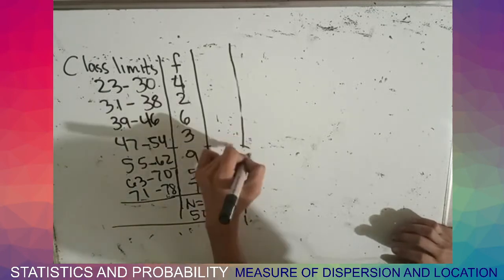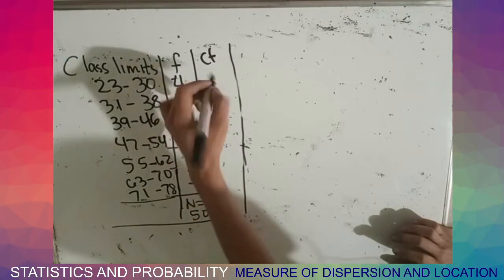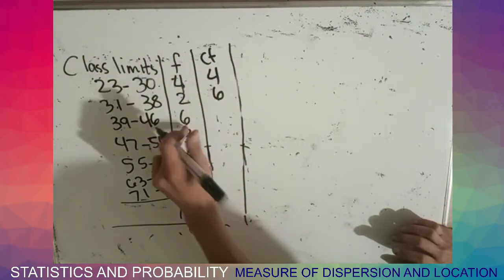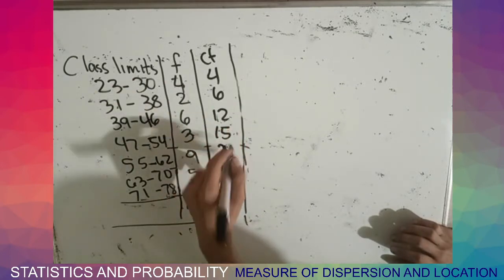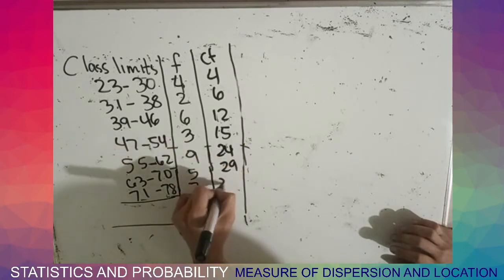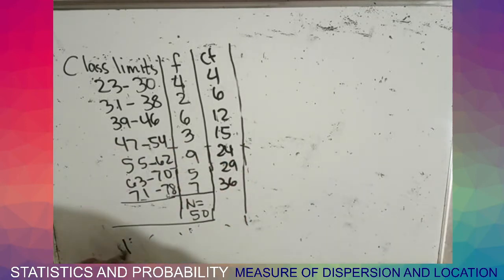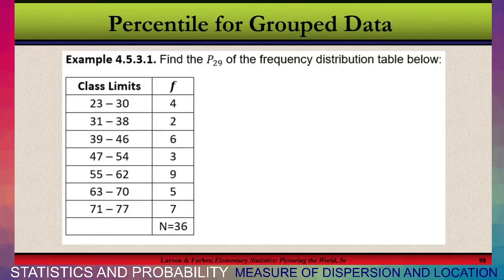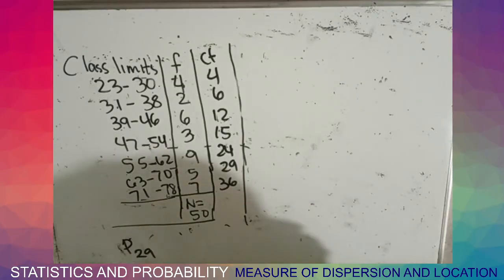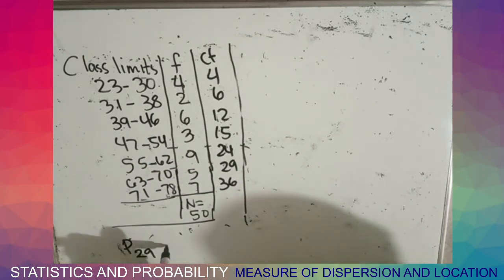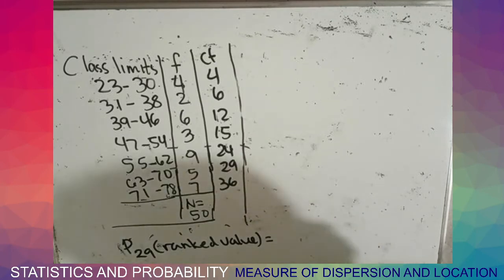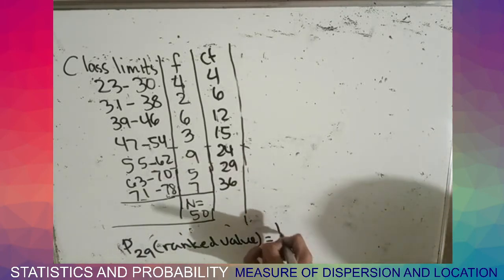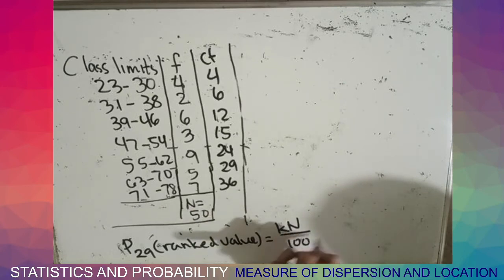Kunin natin si CF. 4 plus 2, 6 plus 6, 12 plus 3, 15 plus 9, 24 plus 5 is 29 plus 7 is 36. Tapos pwede natin kunin si percentile rank value number 29. Rank value is equals to Kn over 100.